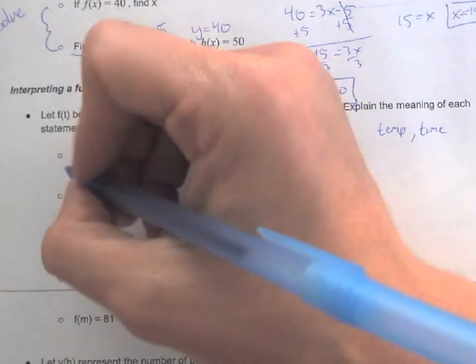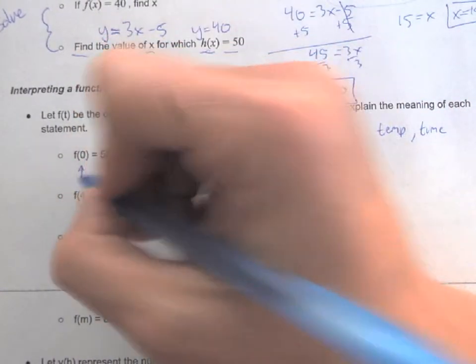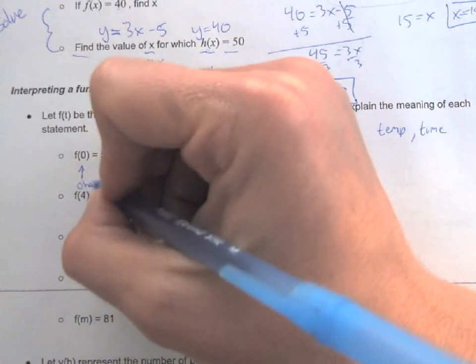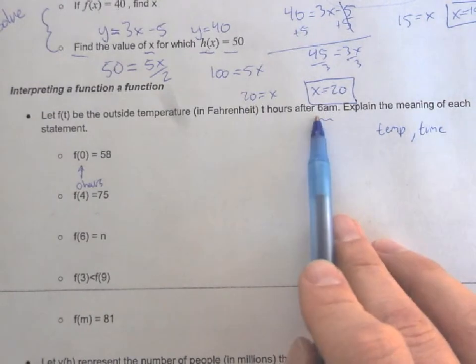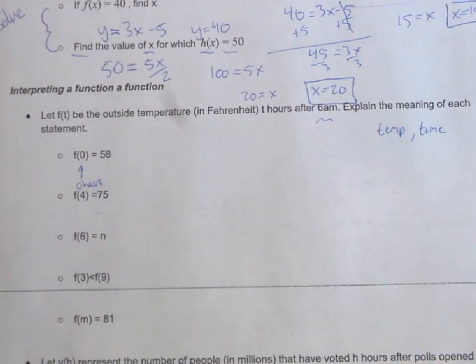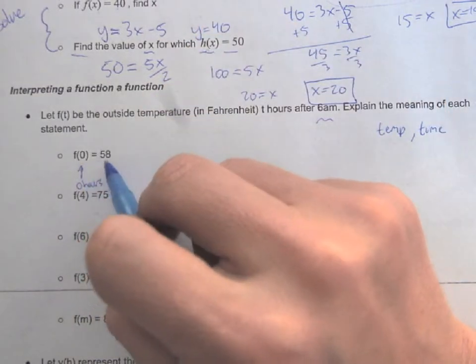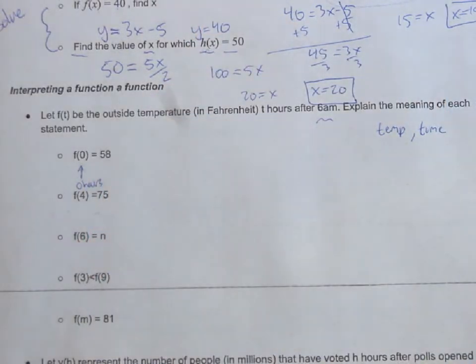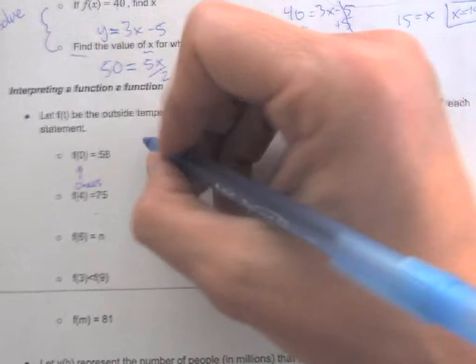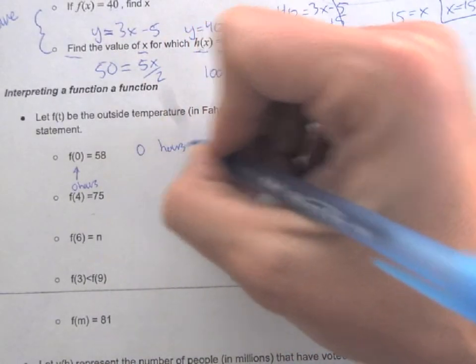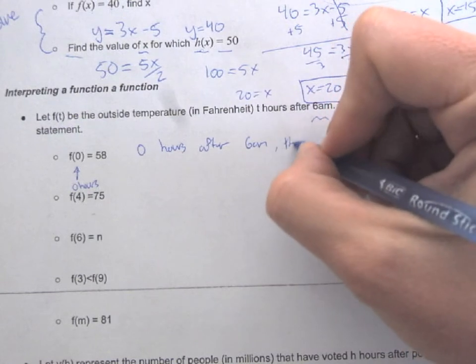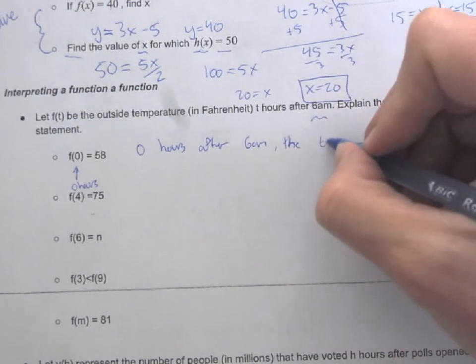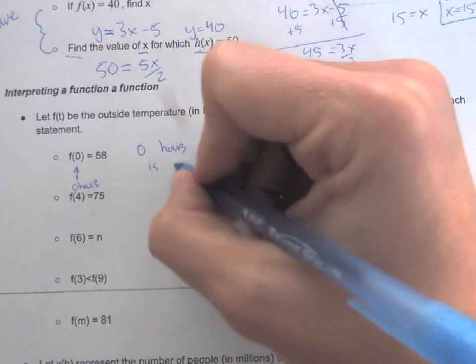So what this is saying is the input is 0 hours, right? t is replaced with 0, and t stands for hours. This is 0 hours after 6 a.m. So 0 hours after 6 a.m., the temperature is 58 degrees.